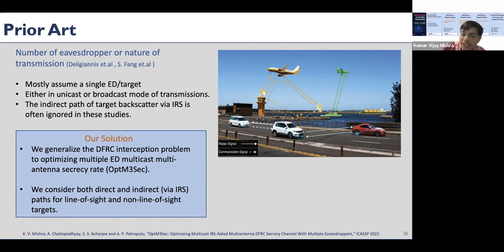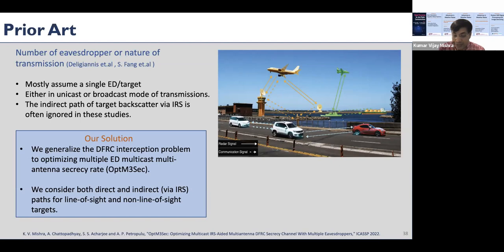So far, most of these works are for a single eavesdropper and single target, but we look into multiple eavesdroppers, and we consider both direct and indirect paths from the IRS. We partition the targets into categories in this problem. There are targets for which LOS is available and is very strong, so you can ignore the NLOS path. There are targets which are blocked, their LOS is blocked, so we only look into the NLOS.